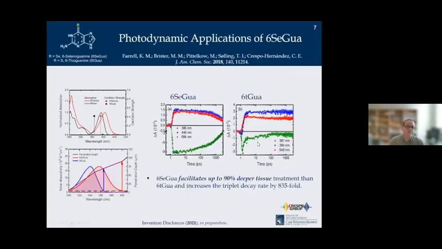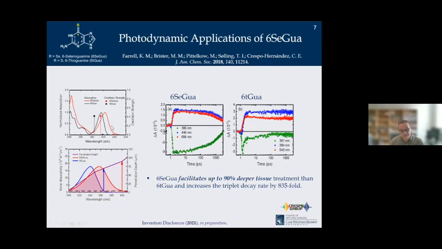Of course, one of the concerns is that the absorption is in the UVA spectral region. So we thought, well, maybe if we change from a sulfur atom to a selenium atom, we can redshift the absorption spectra more and still have a high photosensitizer.